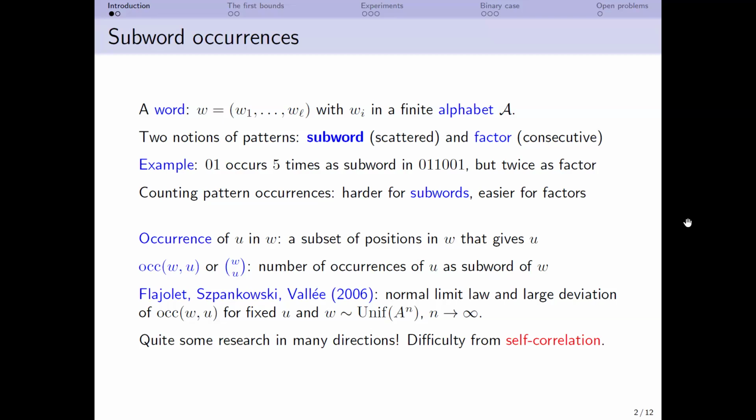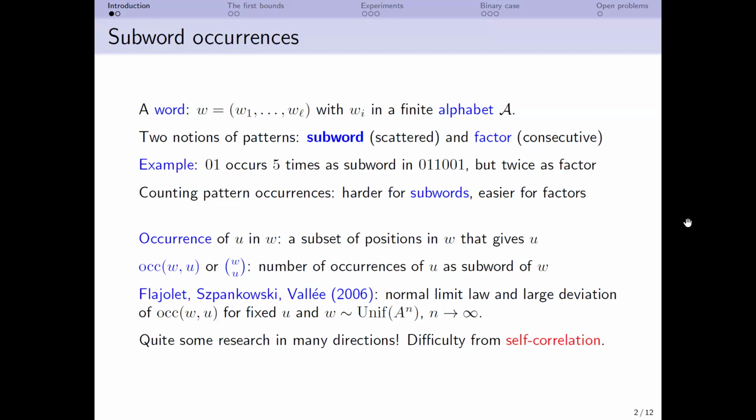For example, if we look at the word 011001, we can see that 0 occurs 5 times as a subword because for the first 0, we have 3 ones after it, and for the second and the third, we only have 1 one. So it's 5 times.